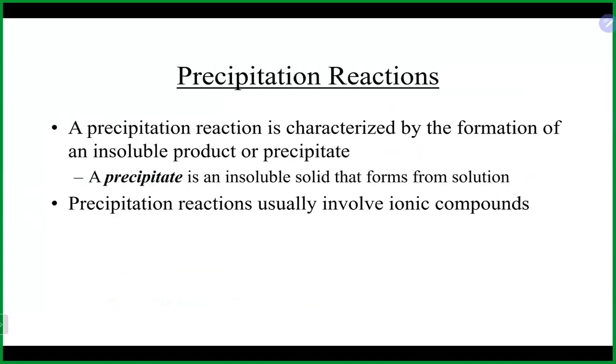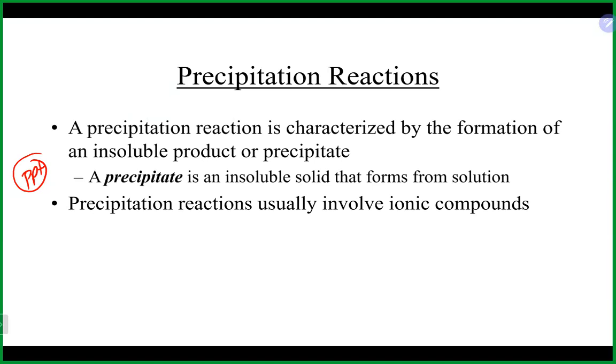A precipitation reaction is characterized by some type of solid being formed, a precipitate, which is sometimes abbreviated as PPT. It does not necessarily have to be a rock-hard solid. It could be something that gets cloudy, some stuff floating around that wasn't there before.